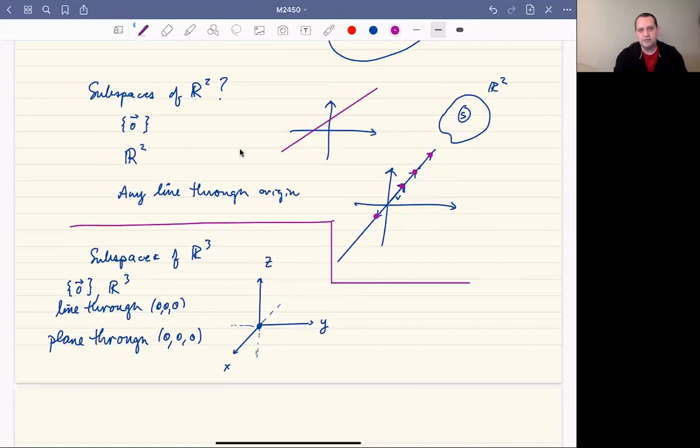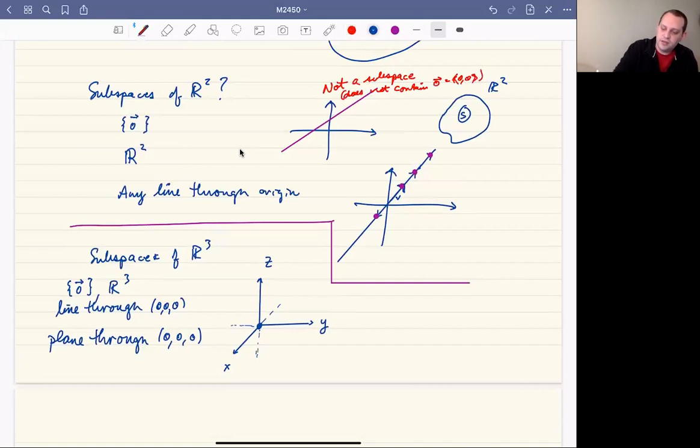That means that the 0 vector in the underlying space R2 isn't in the set, and automatically, that means it's not a subspace. So this is not a subspace because it does not have the 0 vector, which in R2 is 0, 0, or however you want to write the vector.